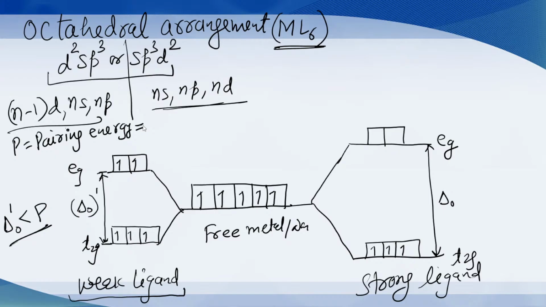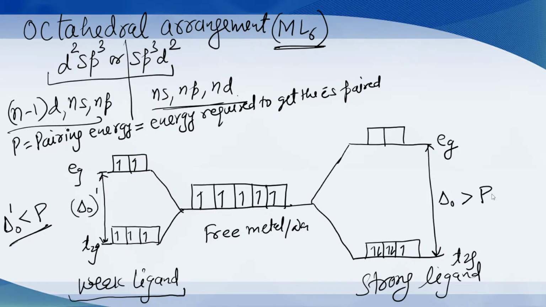So to get the electrons paired, we have to provide energy, and that is called pairing energy. Now, if the energy required to pair the electrons is less, then they get paired, like in strong ligands, because in strong ligands the energy difference is more and the pairing energy is less.